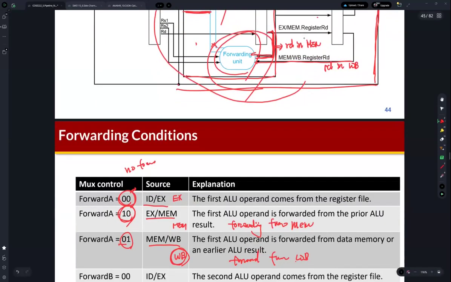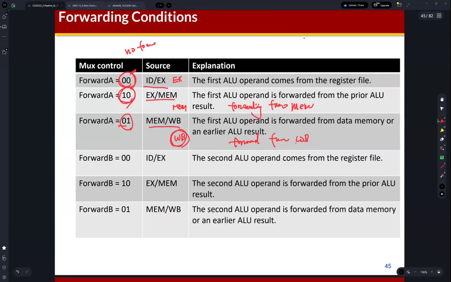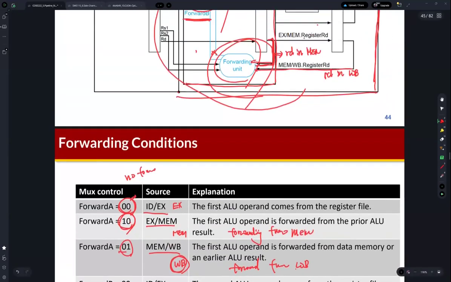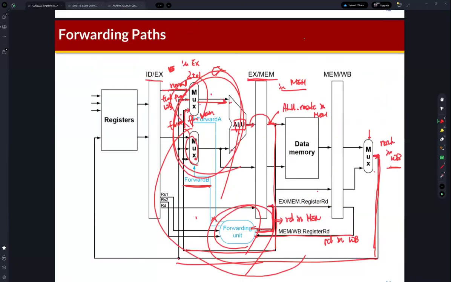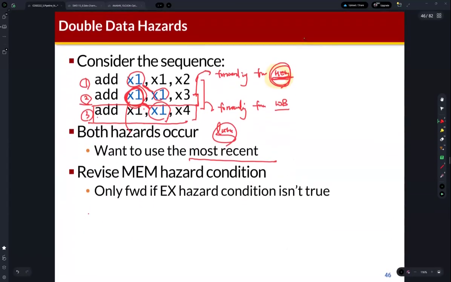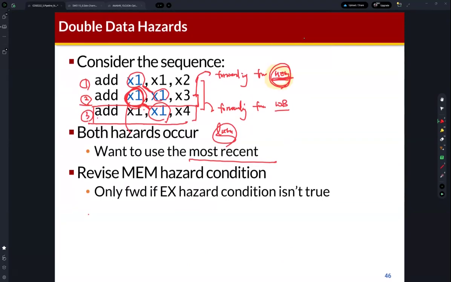We also learned the data forwarding conditions, how to decide the selection signals for these data forwarding multiplexers. That's what we learned in the previous class. We also need to consider the priority.